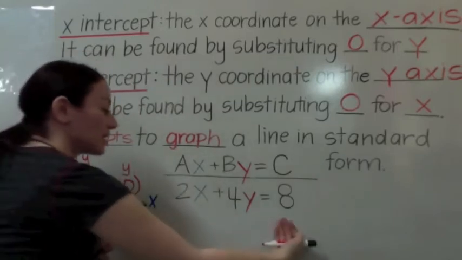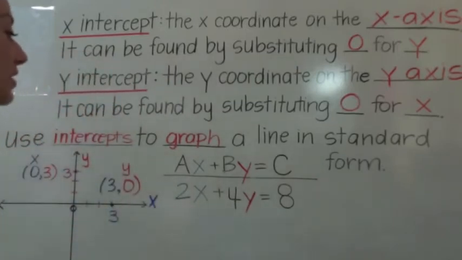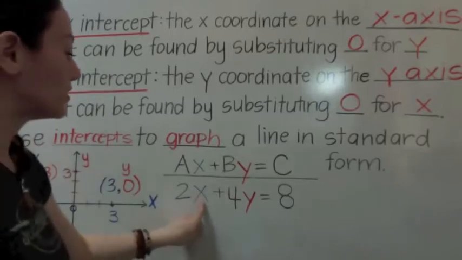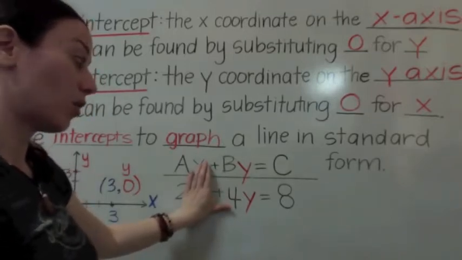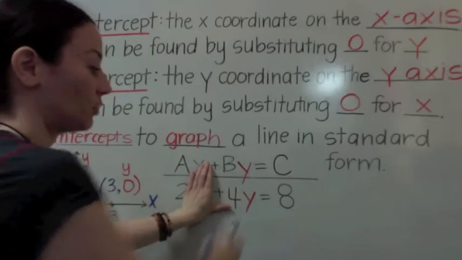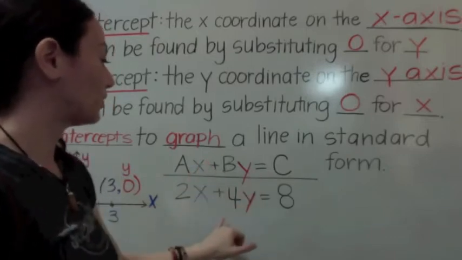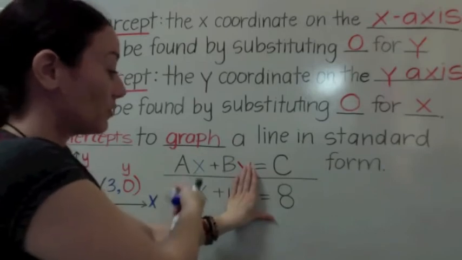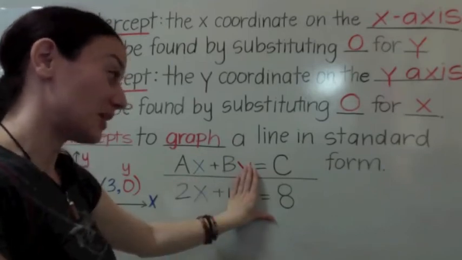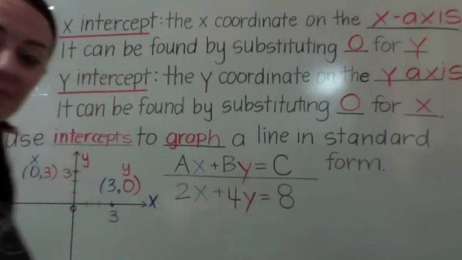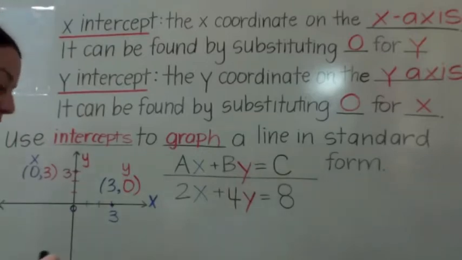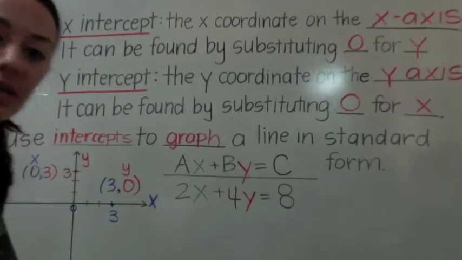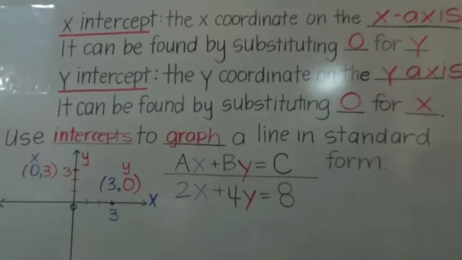When you see it like this and it's set up, it's very easy then to go ahead and plug in 0 for x to find the y-intercept, which here would be 2, or to plug in 0 for y to find the x-intercept, where x, if you divided both sides by 2, would be 4, okay? So we're going to go ahead and use a table to find x and y intercepts. Go ahead and get that down.